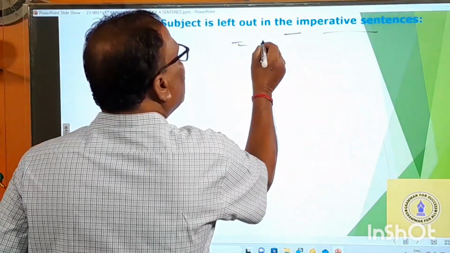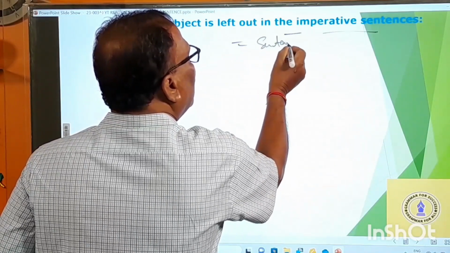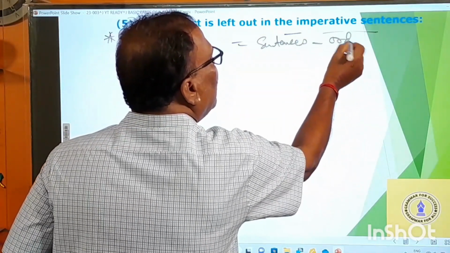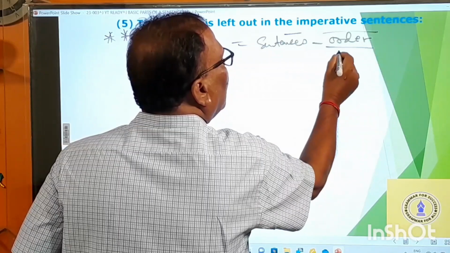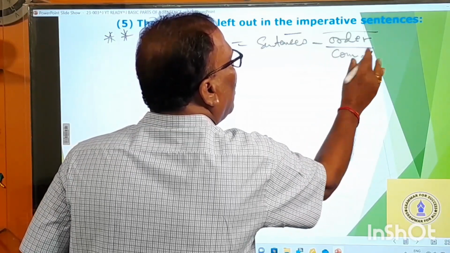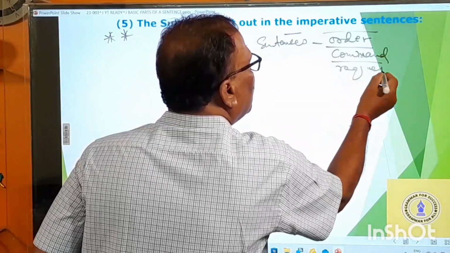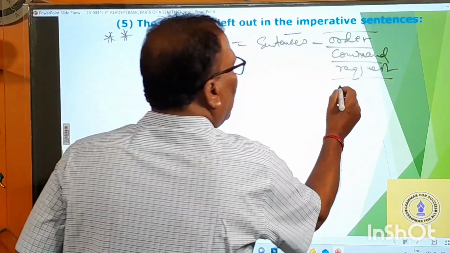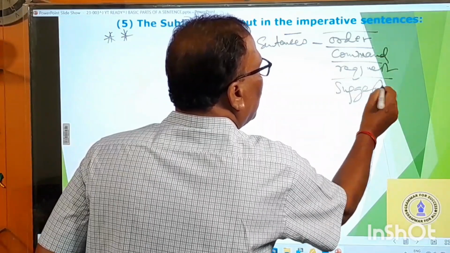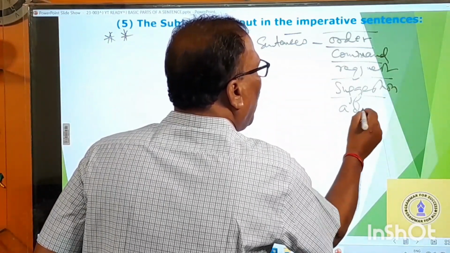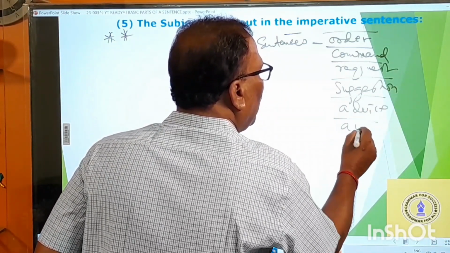Imperative sentence means the sentences that contain an order or a command, or a request, or a suggestion, a piece of advice, a warning.